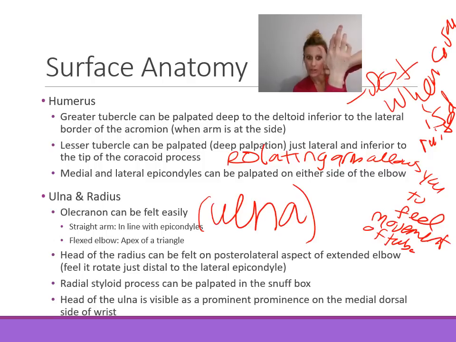That's the styloid process of the radius. The head of the ulna is easily visible and palpated. That's this bony prominence here on the distal pinky side of the arm, right here.